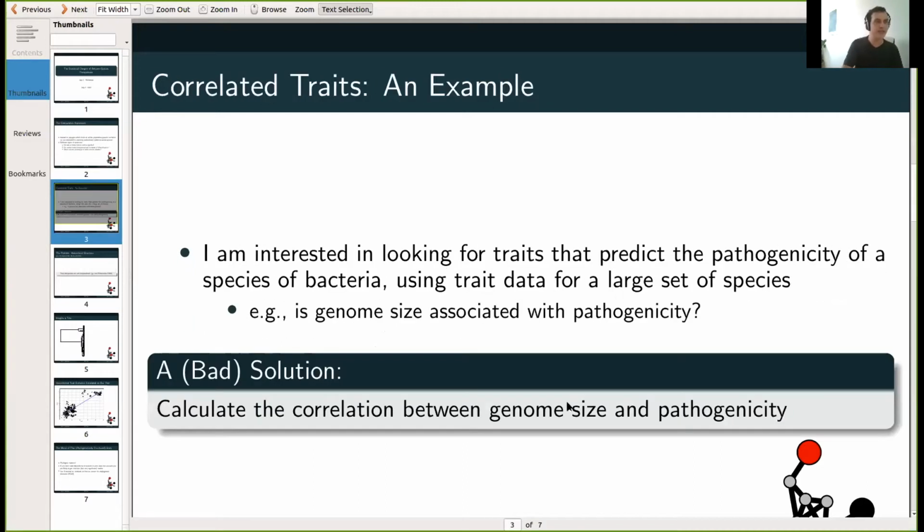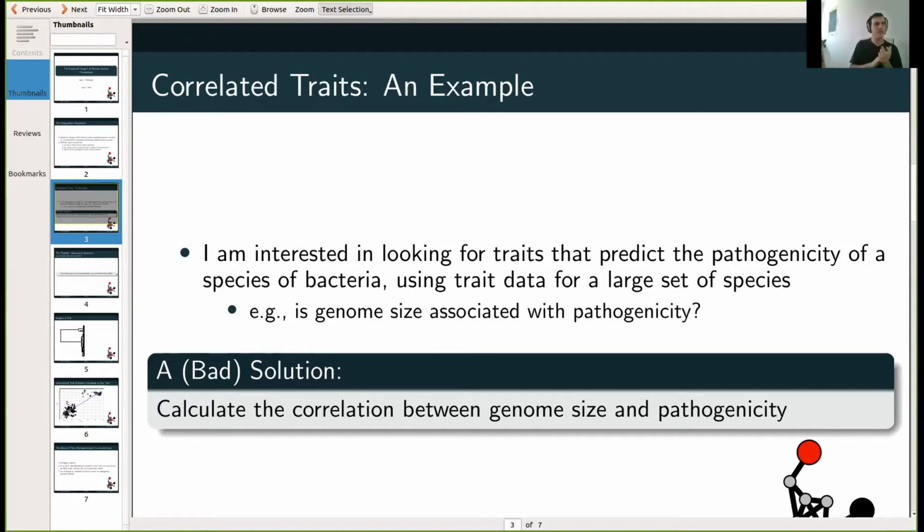To give you an example of the types of questions you might ask, I'm a microbiologist. I don't usually study pathogenic bacteria, but say I want to get an NIH grant, so I all of a sudden become interested in pathogenicity. I want to ask what traits of a species are associated with that species being pathogenic in humans, or maybe in plants or some other species.